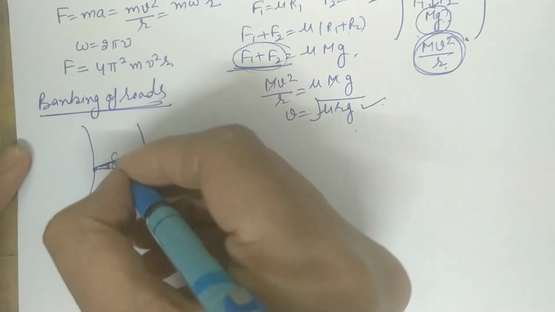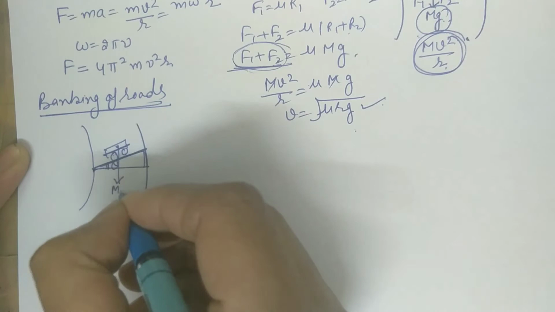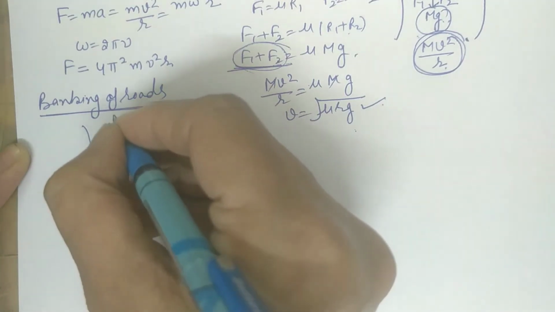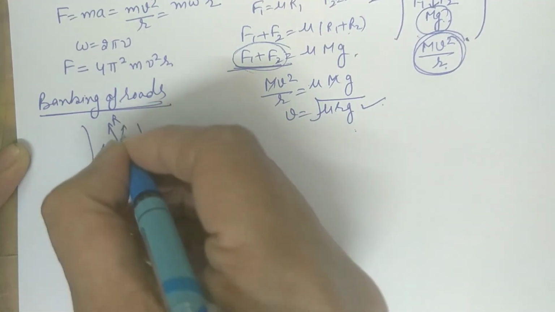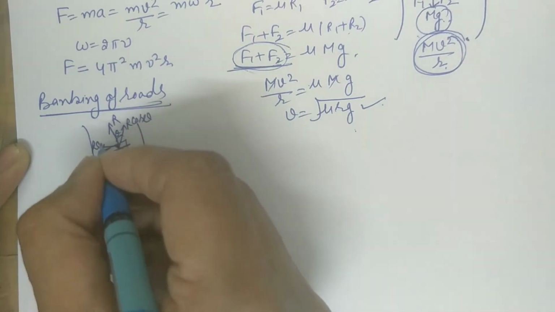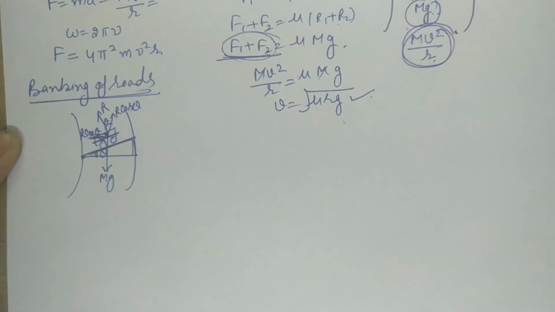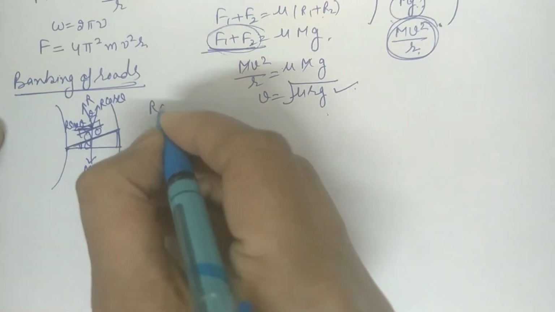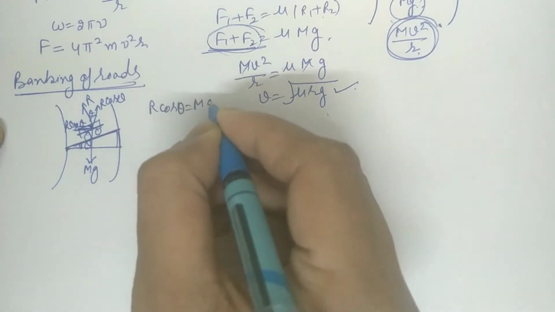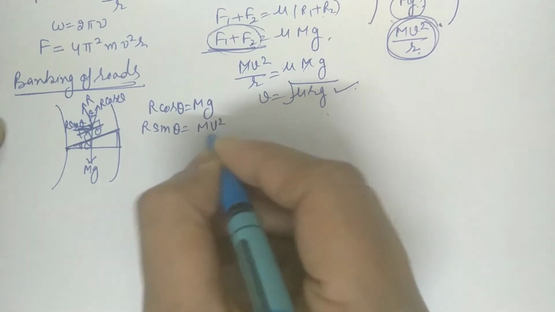Now here we consider the vehicle and its weight mg downward. This is the normal reaction, which is resolved into two components, R cos theta and R sin theta. When we neglect the friction, R cos theta is equal to mg, and R sin theta provides the centripetal force.